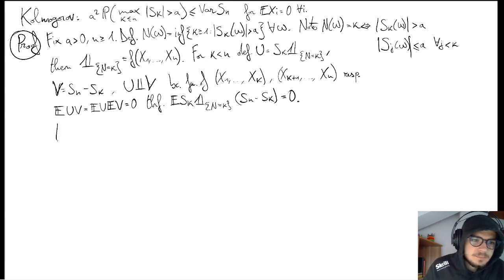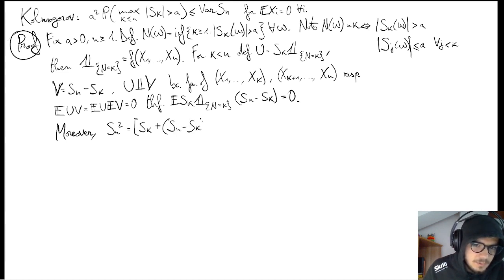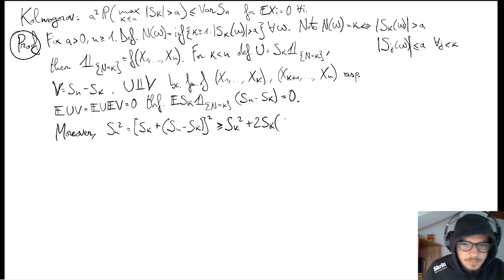So moreover, Sn squared, which can be expressed as Sk plus Sn minus Sk, all of this squared, is greater than Sk squared plus 2 Sk times Sn minus Sk.